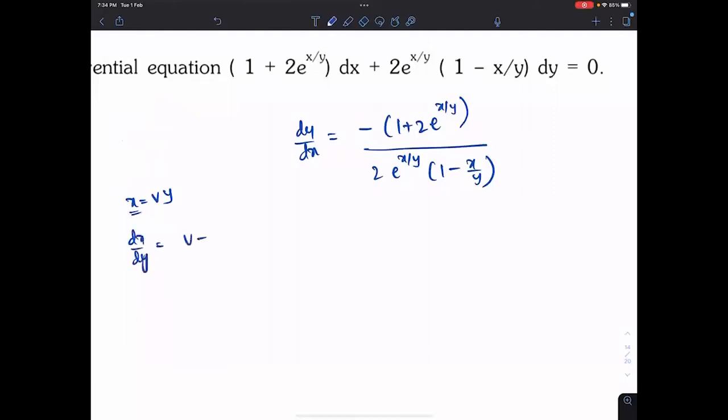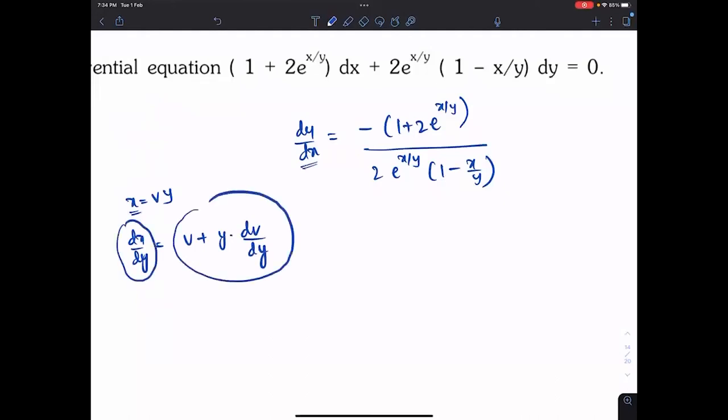What is that? v + y dv by dy. Correct? So now you need to replace dx by dy by this. dy by dx is that, so dx by dy means just invert it both sides. So dx by dy will be v + y dv by dy.